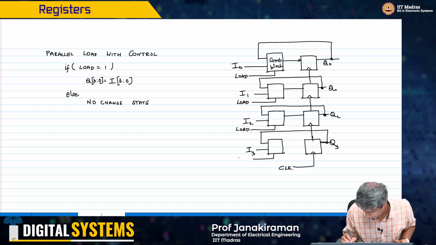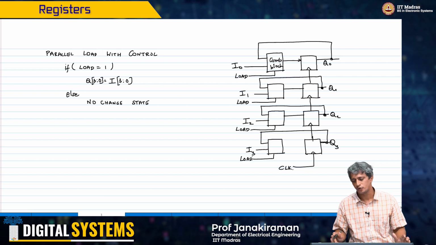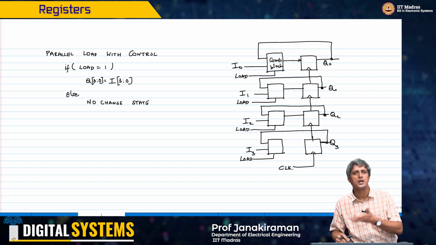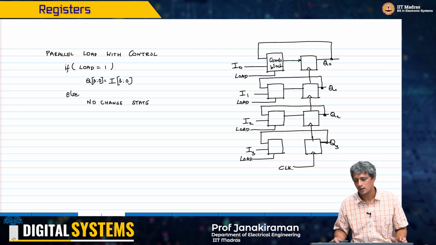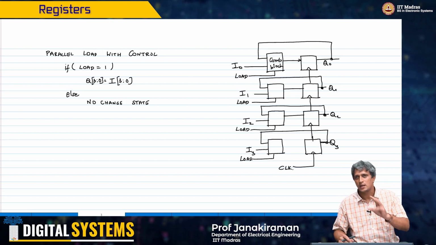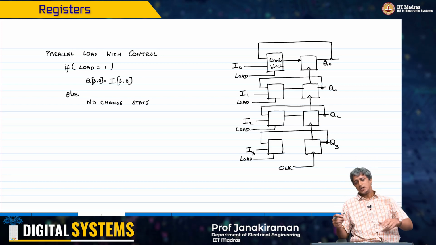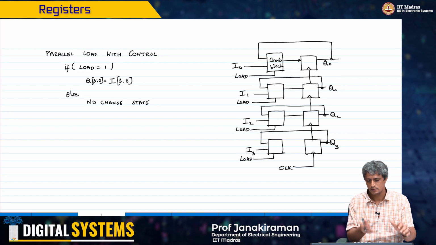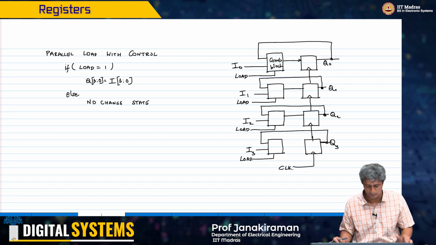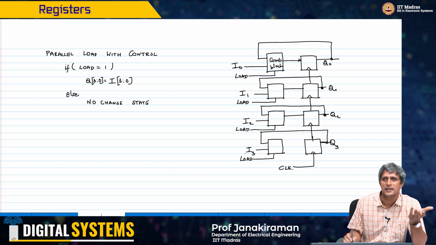So the idea is now for us to figure out what should be this load signal, and what should be the combinational block that takes the load signal and the input and the Q output, so that we can implement this desired behavior here. Clearly we need something to gate the data.